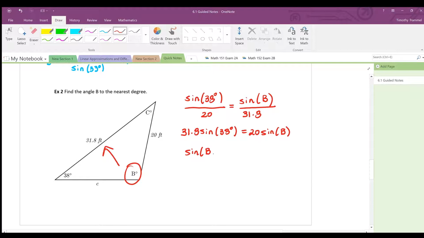To solve for sine of B, we would just need to divide both sides of the equation by 20. And that would look like this. And then finally, we could use sine inverse here.